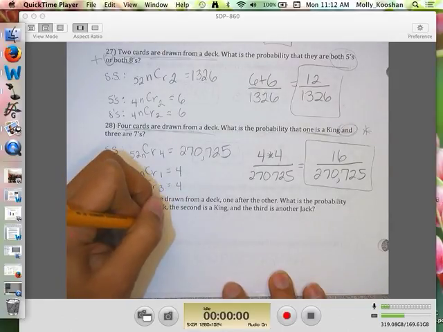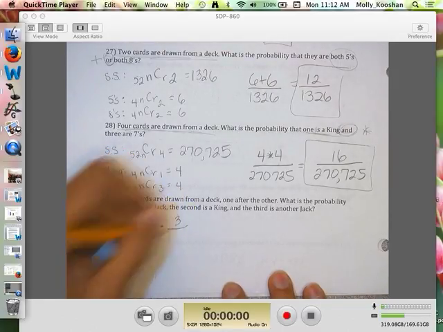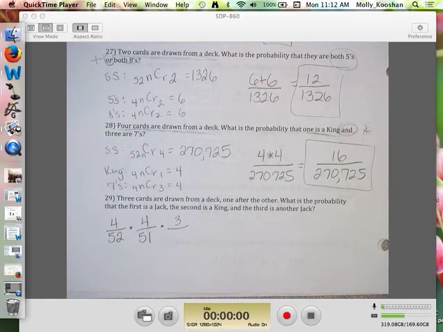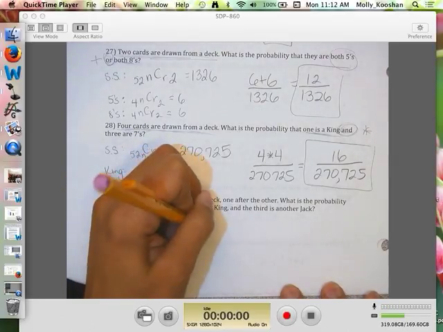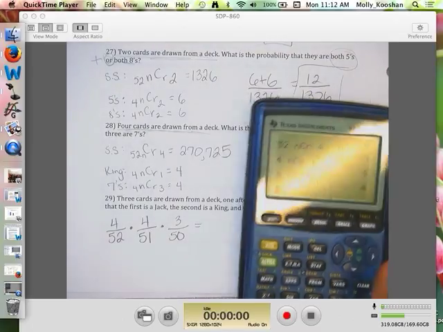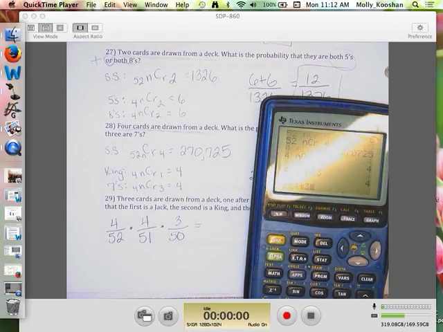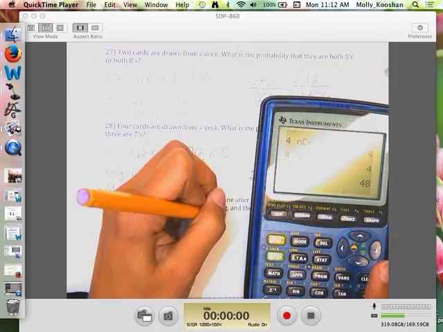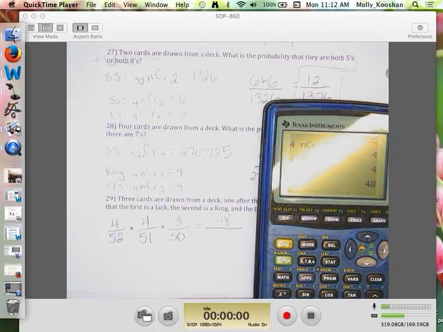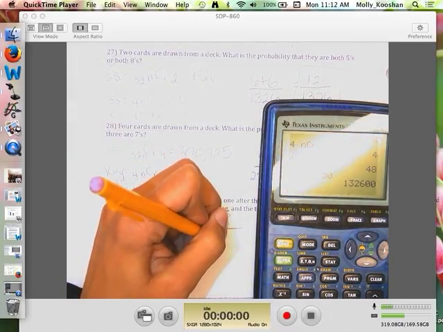And then the third is another jack. Well, we already took a jack out. So now there's 3 jacks left out of the 50 cards that are left. We want to multiply straight across. 4 times 4 times 3 is 48, over 52 times 51 times 50, which is 132,600.